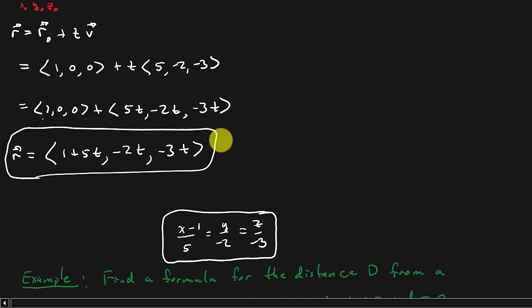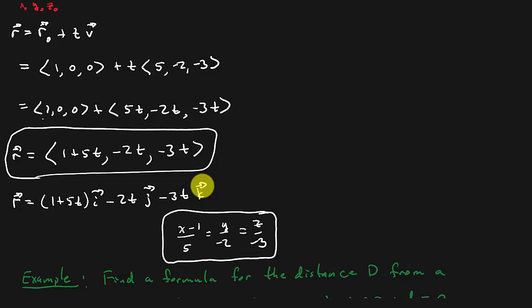Earlier we did a problem like this and wrote it differently. You can write it as 1 plus 5t times vector i, minus 2t times vector j, minus 3t times vector k. I don't guess it really matters. So that's your vector equation.